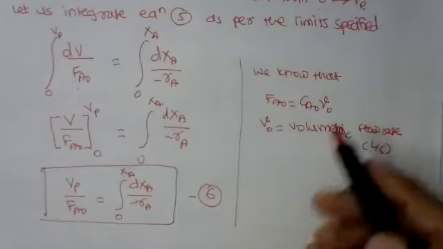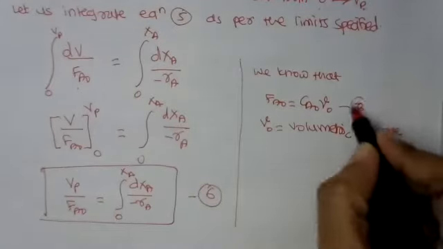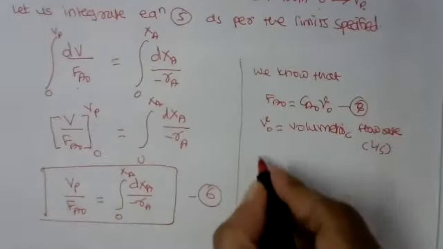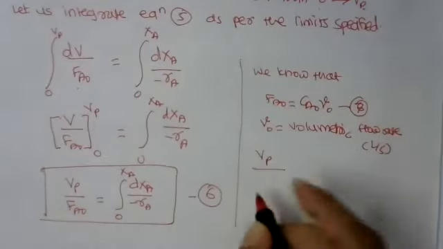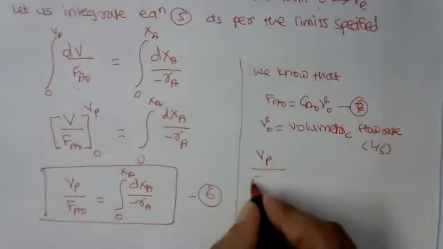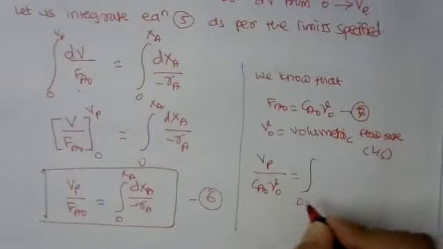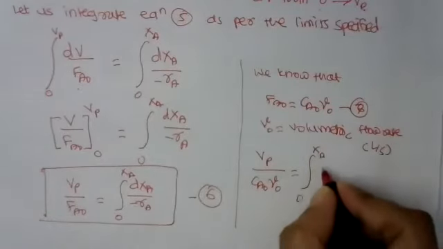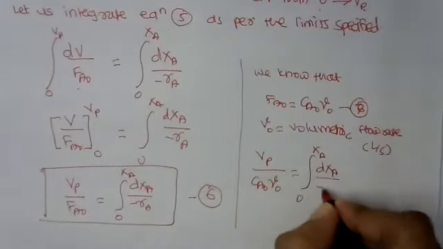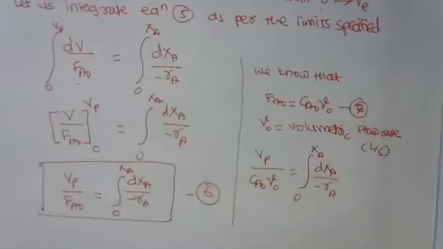So if you substitute this 7 into 6, then you will get Vp upon Ca0 into V0 equal to the integration from 0 to Xa of dXa upon minus Ra.